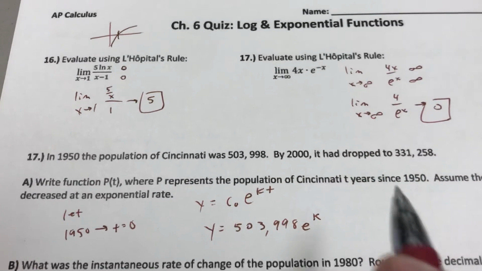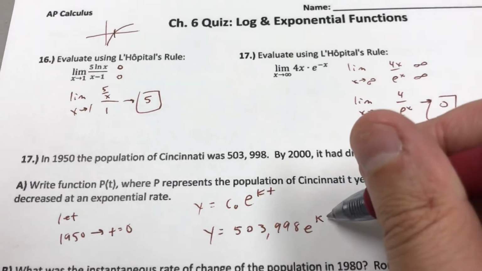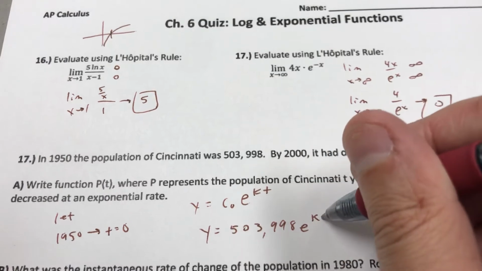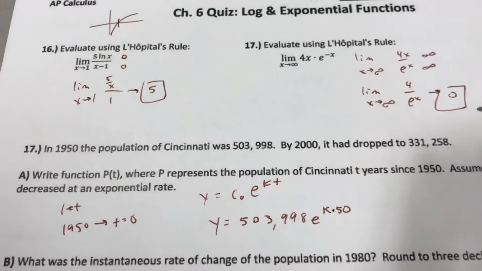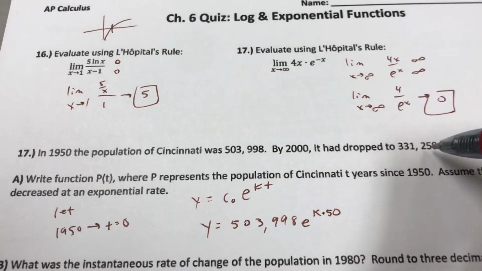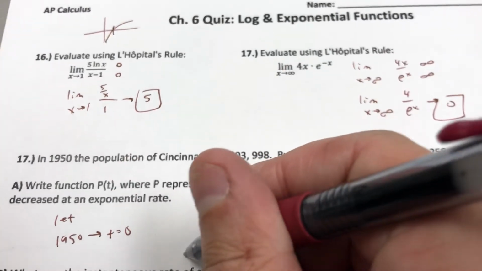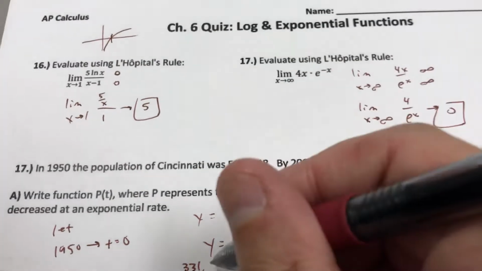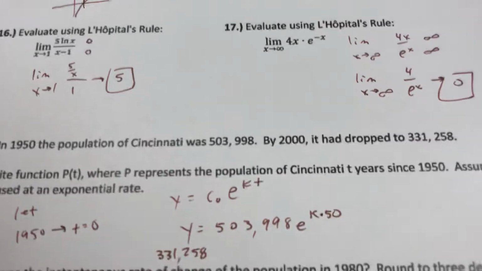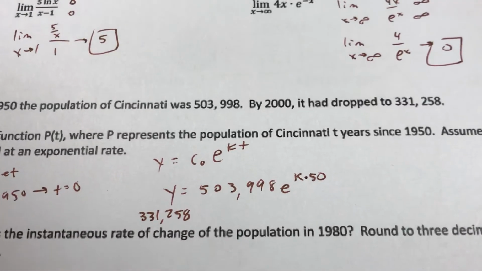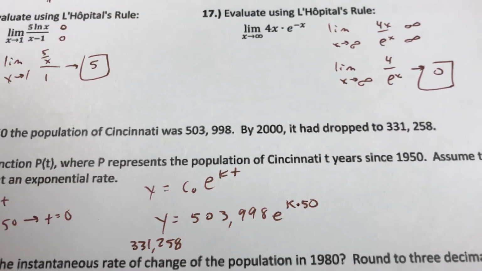Now, by 2000, that's 50 years later. So I could substitute a 50 in for t, and the population has dropped to 331,258. So we could go ahead and substitute everything into the equation and try to solve.